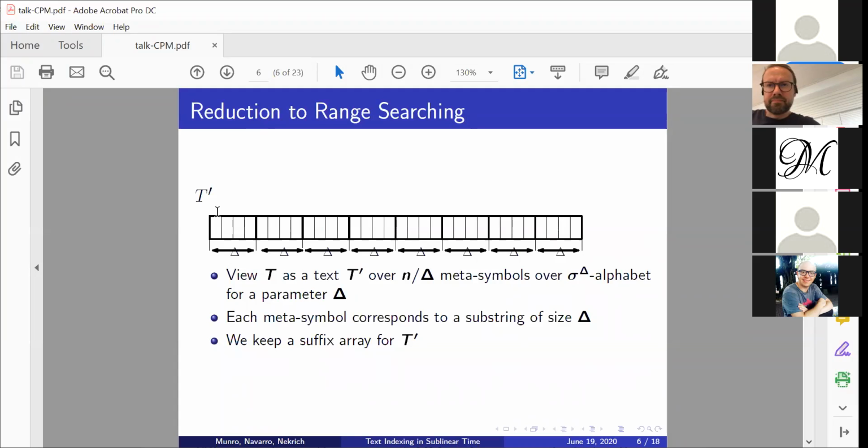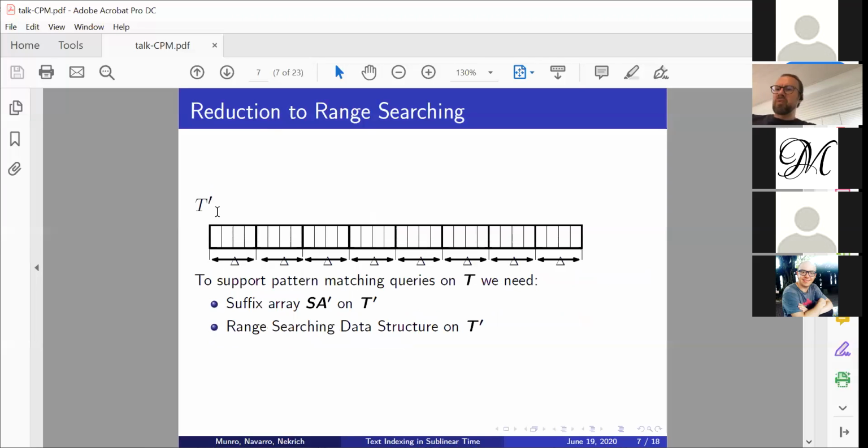And every block is viewed as one meta symbol over an alphabet of size sigma to the power of delta. And once we divided this text into blocks, let's call this text T prime, we construct an index data structure, for example, a suffix array for T prime.